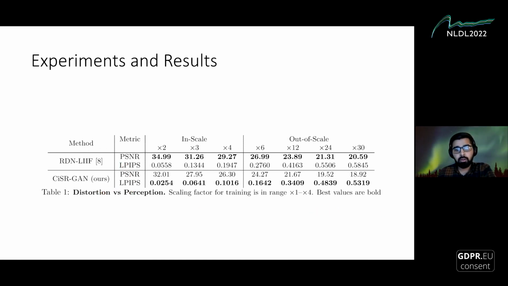The proposed model has lower PSNR values than the local implicit image function, as it is trained on the adversarial and perceptual loss. However, it consistently performs better than LIF in terms of the LPIPS metric. Lower LPIPS means that we can expect aesthetically pleasing results from our model.